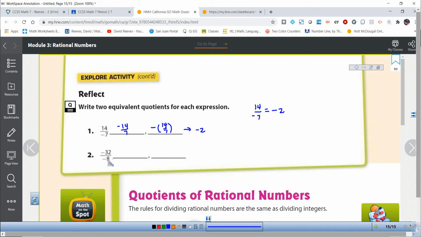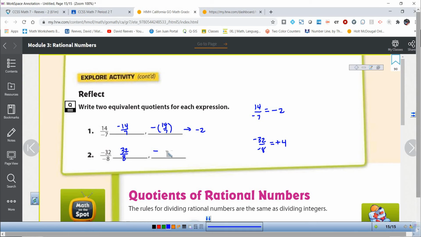-32 divided by -8 could be equivalent to +32 divided by +8, because a negative divided by a negative is a positive, and 32 divided by 8 is 4. What's a third way we could write it?